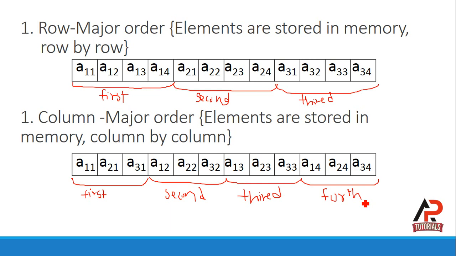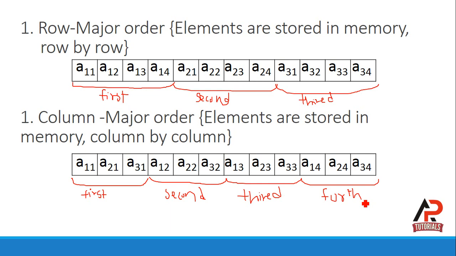Next A13, A23, A33, and the fourth column: A14, A24, A34. So this is column major order.